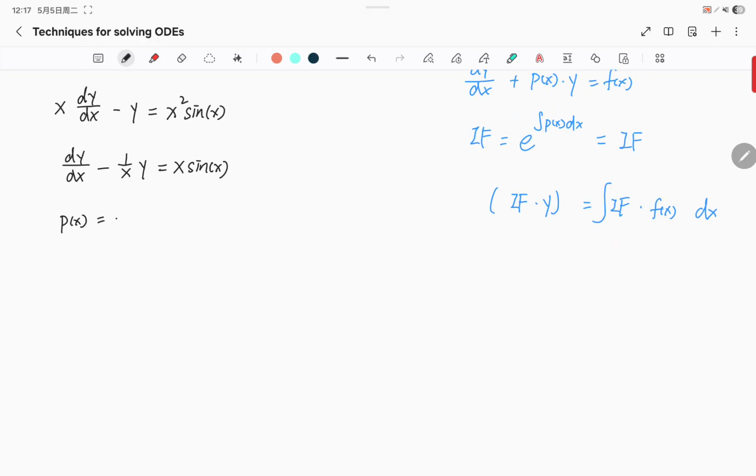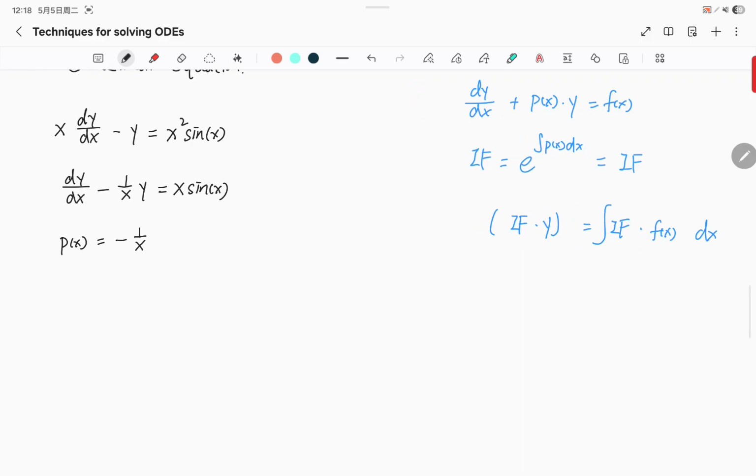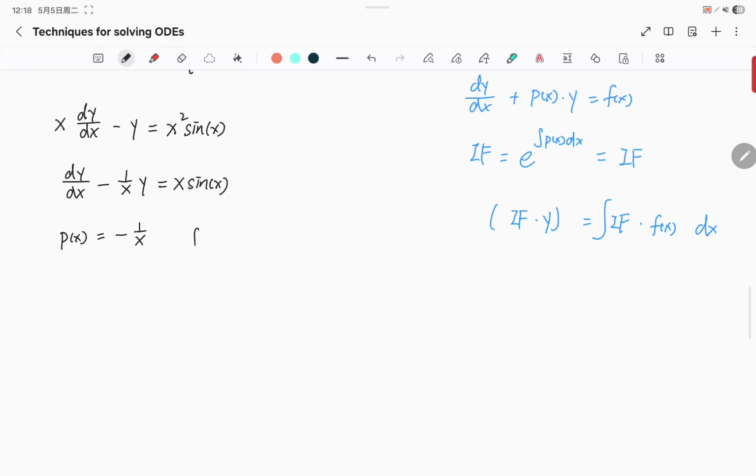P of x is negative 1 over x. Don't forget the negative sign. It's not just 1 over x, it's negative 1 over x, because in the general form we had a plus here. And my f of x is the other side of the equation.